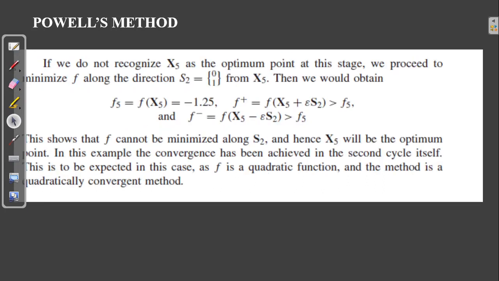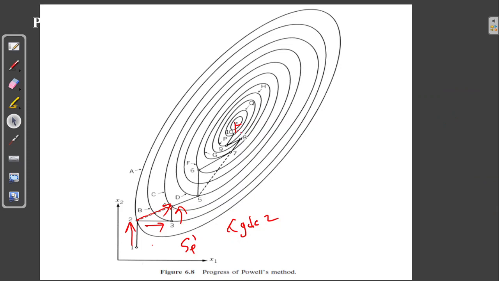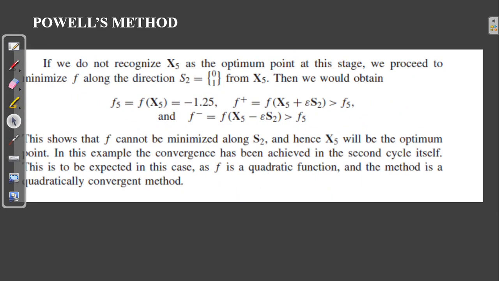Why? Because beyond x5 you have to continue the search in the direction of x2. If you go in the direction of x2, it is found that the objective function is increasing.